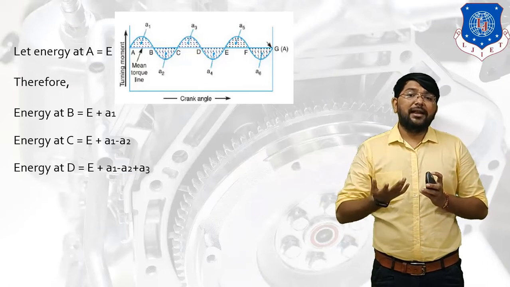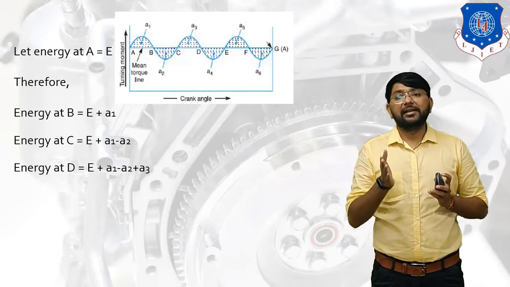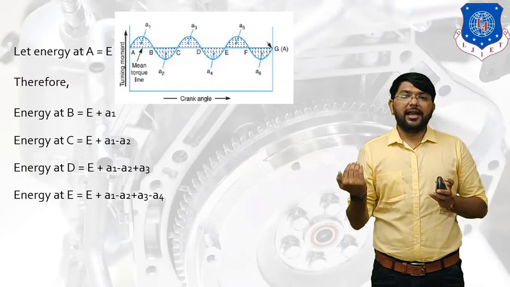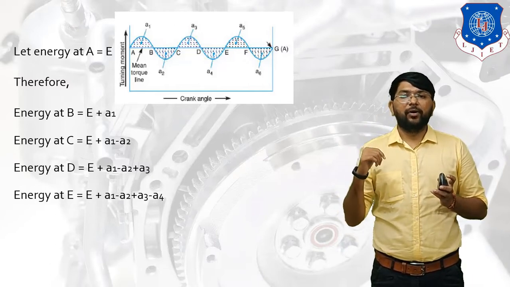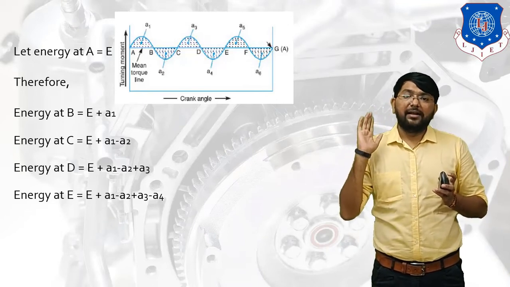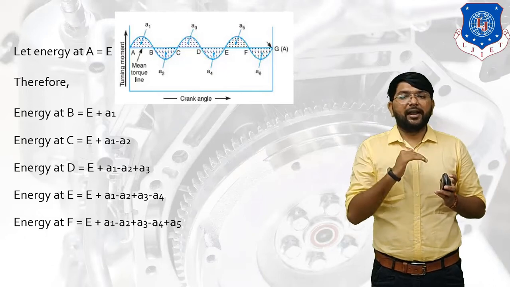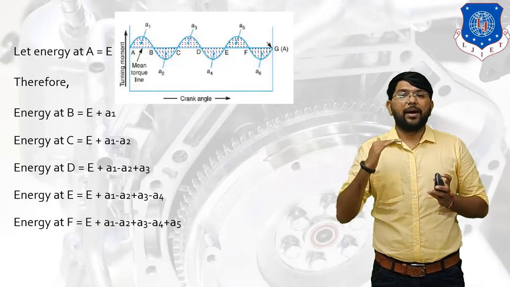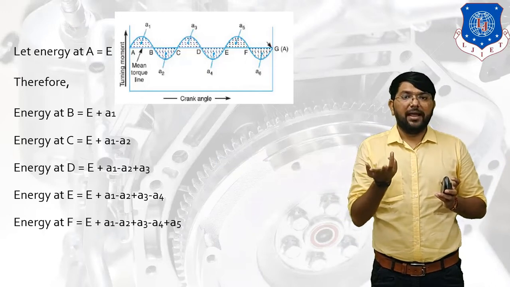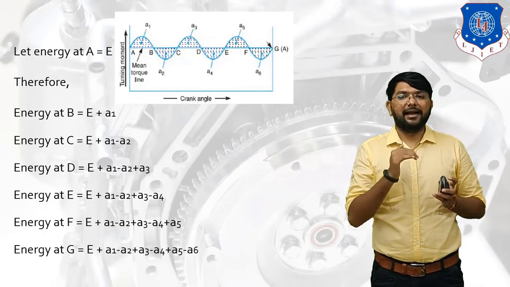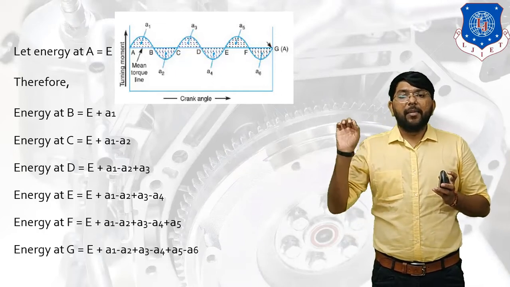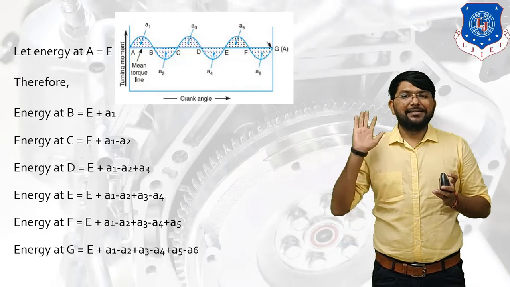What is the energy at point D? That is E plus a1 minus a2 plus a3. The energy at point E is E plus a1 minus a2 plus a3 minus a4. The energy at point F is E plus a1 minus a2 plus a3 minus a4 plus a5. And the energy at point G is E plus a1 minus a2 plus a3 minus a4 plus a5 minus a6.